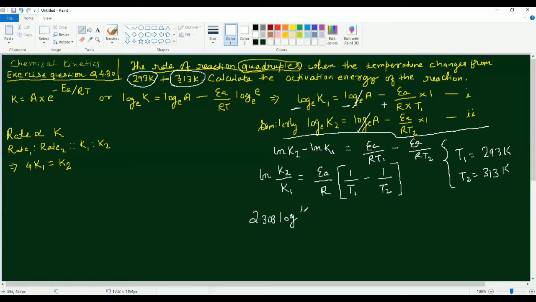K2 can be written as 4K1 by K1, is equal to EA, the activation energy which we have to find out, divided by 8.314 joule per Kelvin per mole, multiplied by 1 by 293 minus 1 by 313.